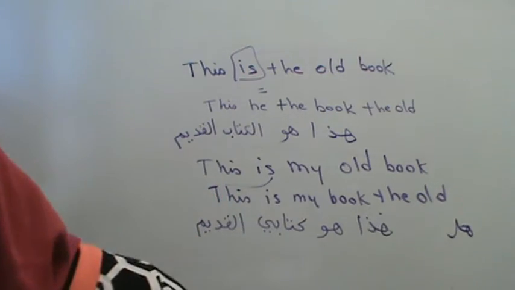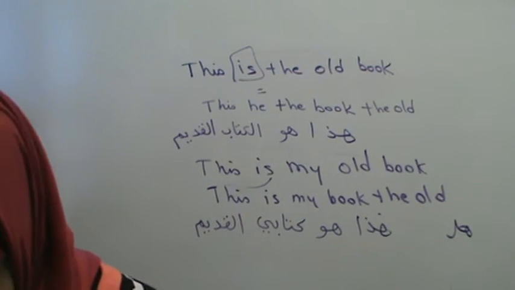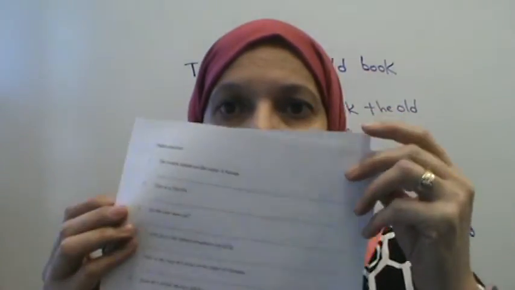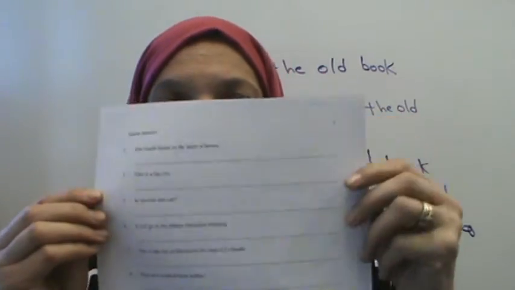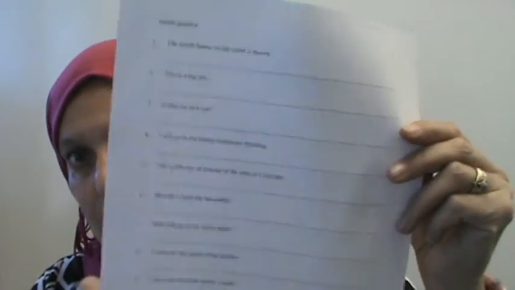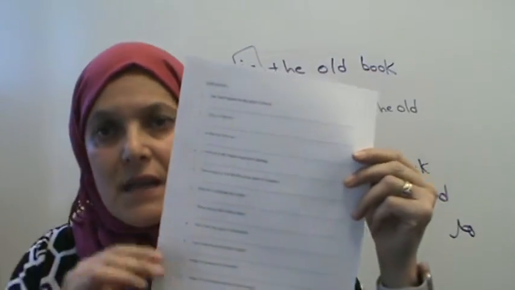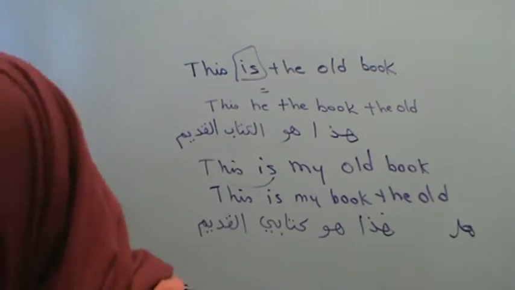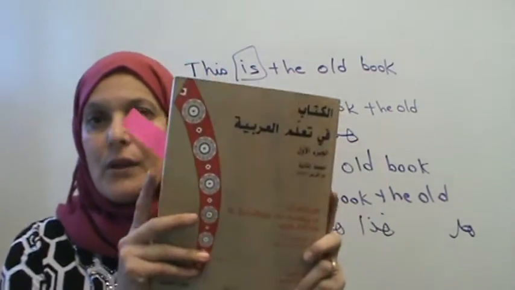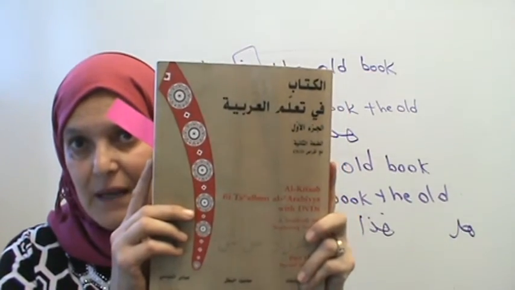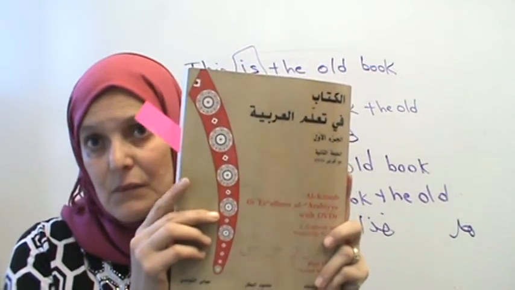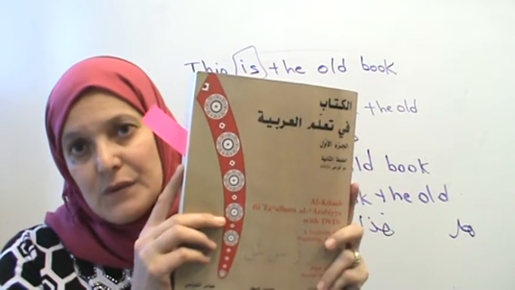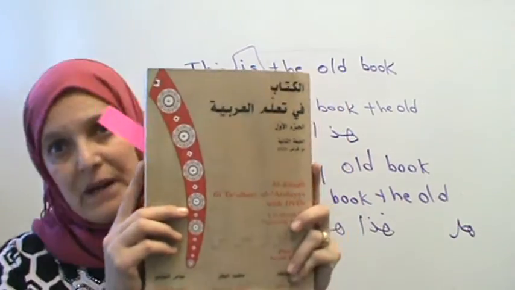For the practice, I have made sheets like these. Of course, I don't think you can see. I give a practice sheet to my students, two of them, and it covers everything. For those who use this book called الكتاب في تعلم العربية, I'm using parts. In this level, I use part 1, and I have students with part 2 and others with part 3.